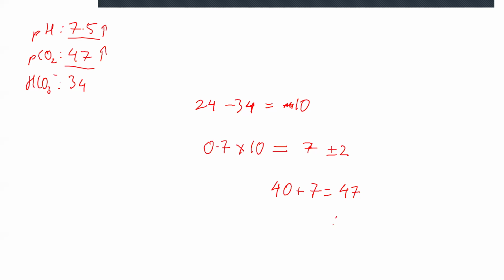So in this case, our range is going to be 45 to 49, but as you can see here, the PCO2 was dead on the exact amount that it needed. So that's the equation for metabolic alkalosis.